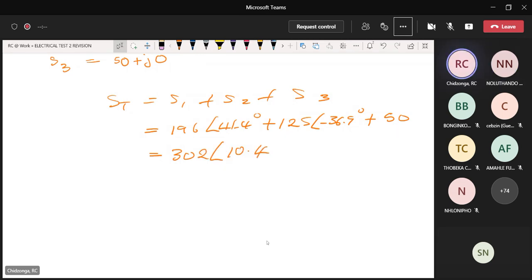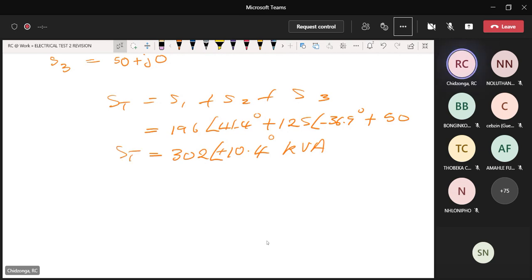The angle is positive. Yes. Okay, so it's positive, right, degrees. This is, remember, kilovolt ampere, right? So that is your total apparent power.